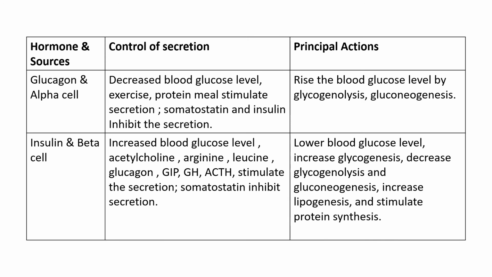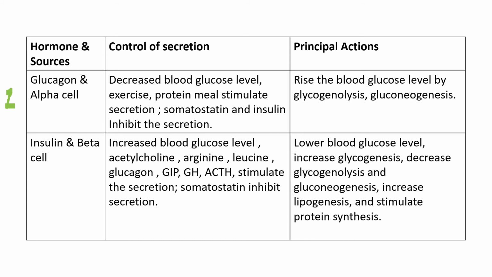Now we are going to deal with the hormones, their sources, control of secretion, and principle of action. First we have glucagon, and this is secreted by the alpha cell.